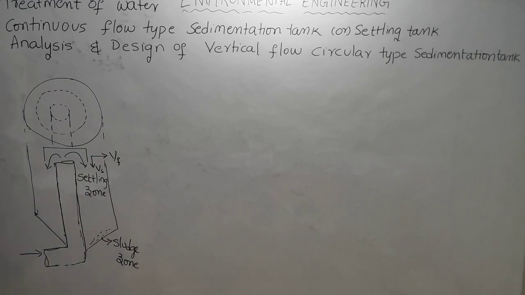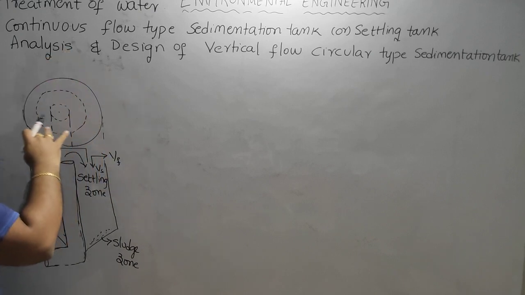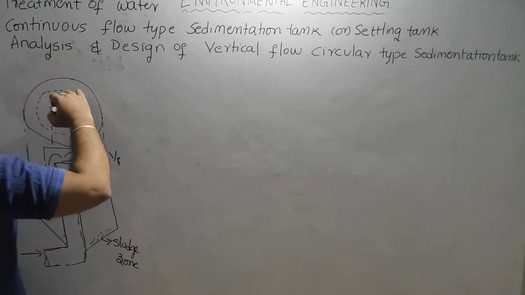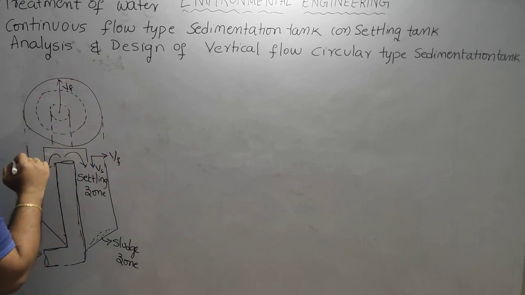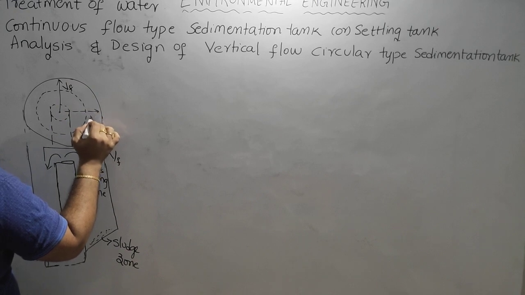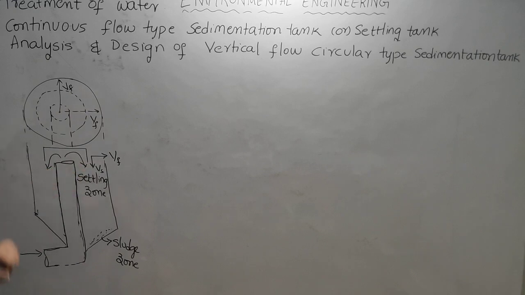The flow velocity is radially outward. In the plan, the particle is moving outward like this; this is the velocity of flow. And the velocity of settlement is vertically downwards.